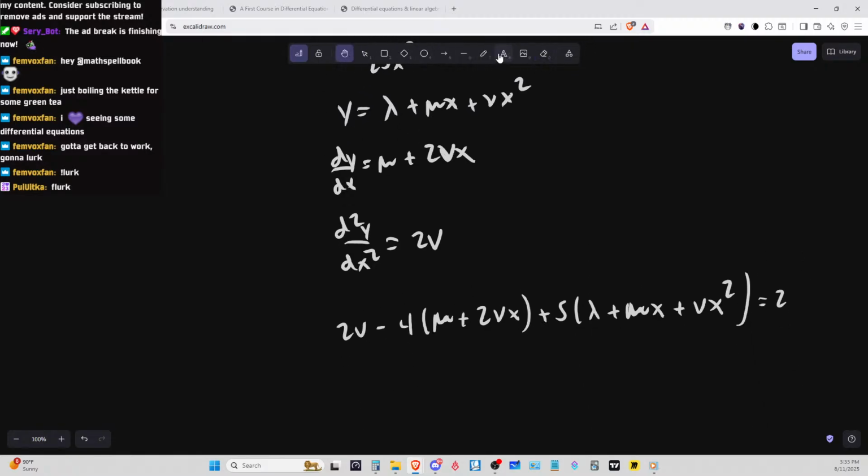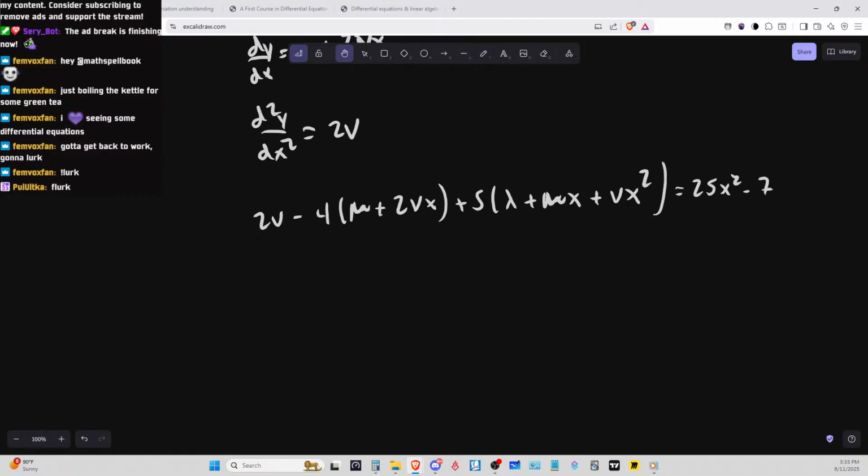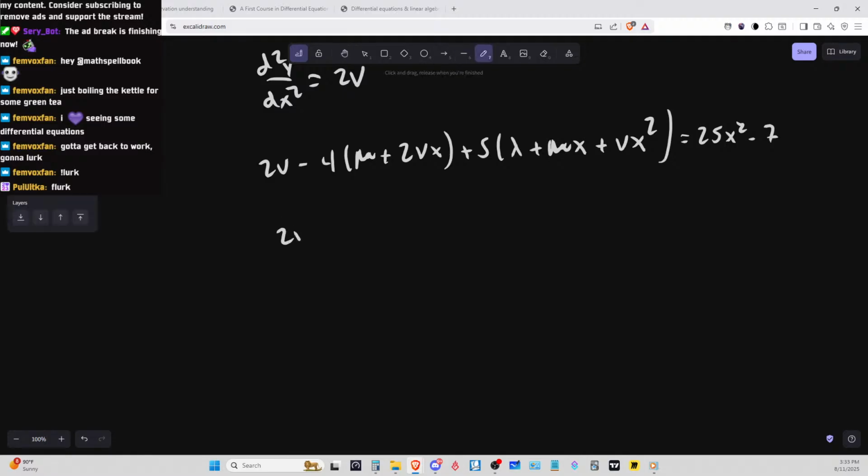Yeah, 25 x squared 7. Okay. Now to combine all of them. Oops, that should be a negative. Negative mu. And 5.